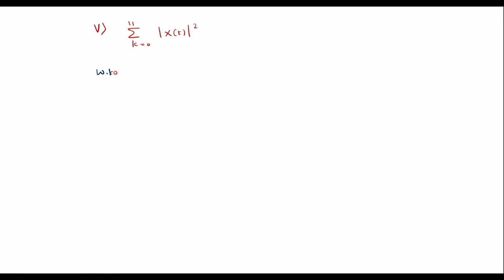We know from Parseval's theorem that summation n equal to 0 to N minus 1 magnitude x of n square is equal to 1 over N summation k equal to 0 to N minus 1 magnitude x of k square.